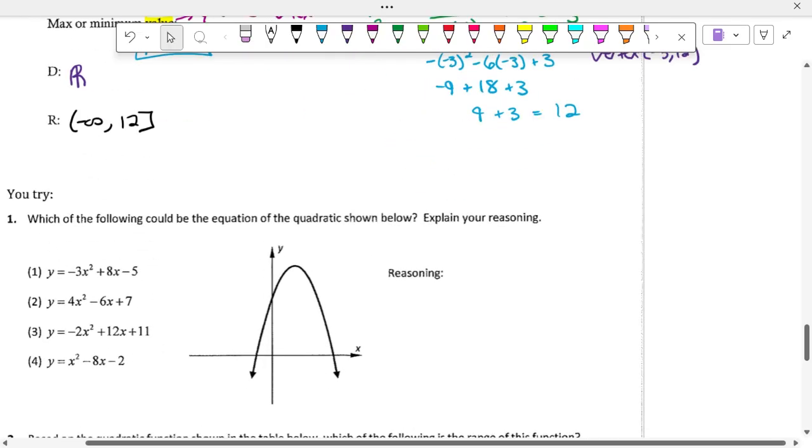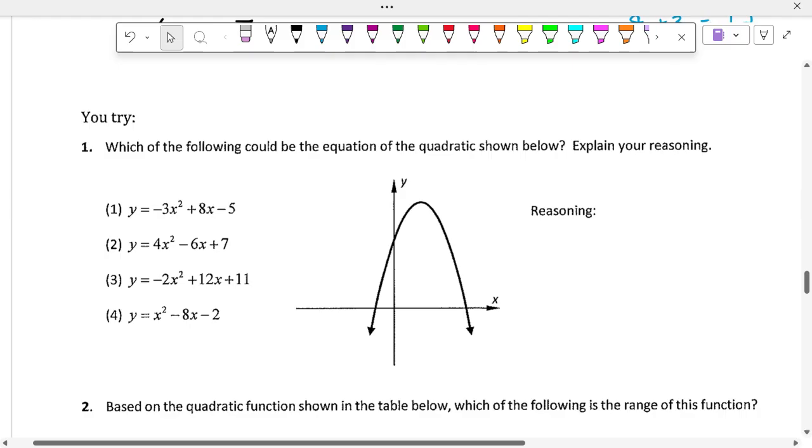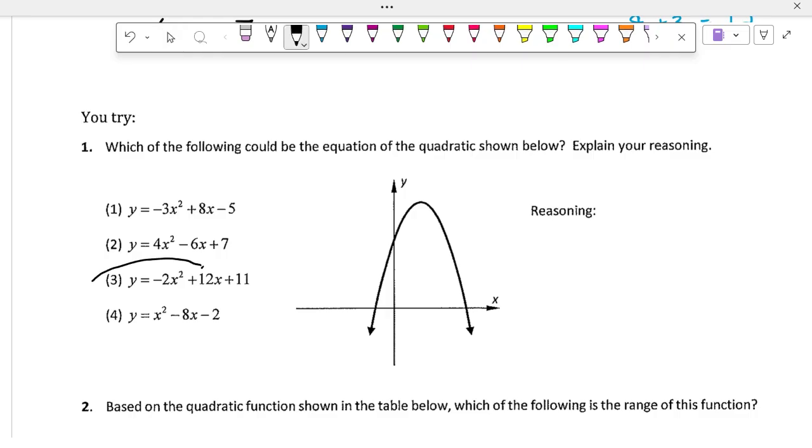So for number 1, it asks you to figure out which one of these 4 equations could possibly fit this graph. So by show of fingers, which one do you think it is? Good. It would be 3. Now, can someone raise their hand and explain to me why they think it's 3?